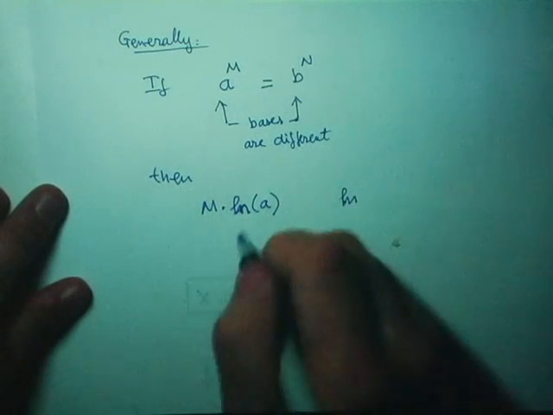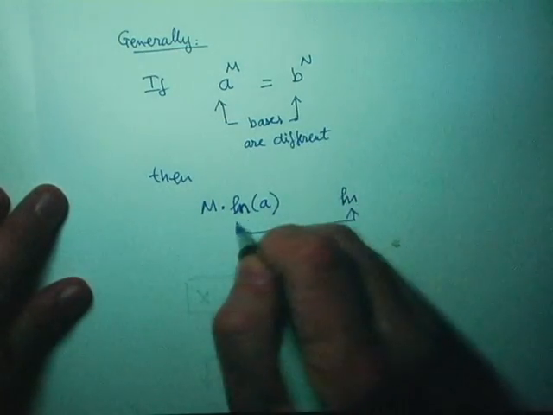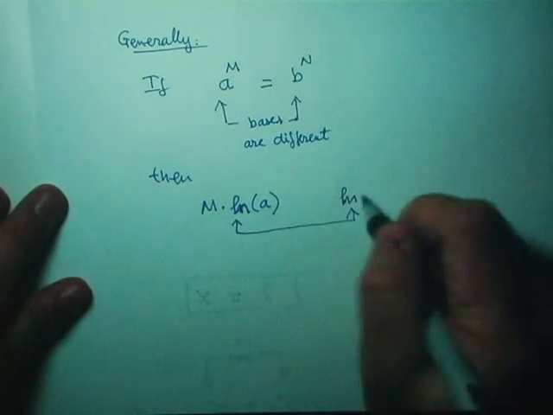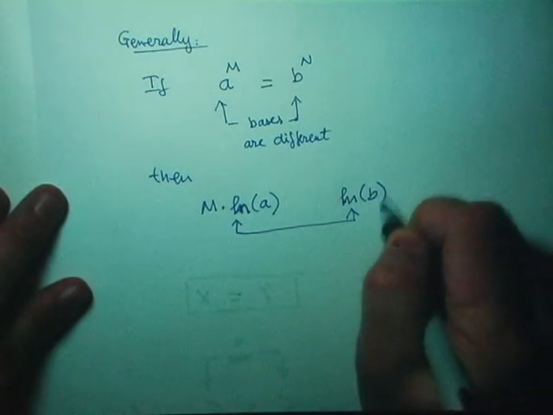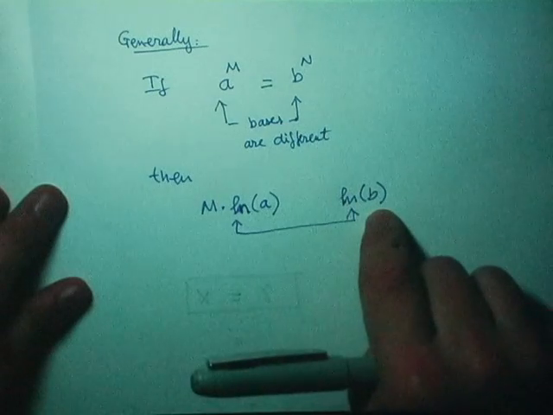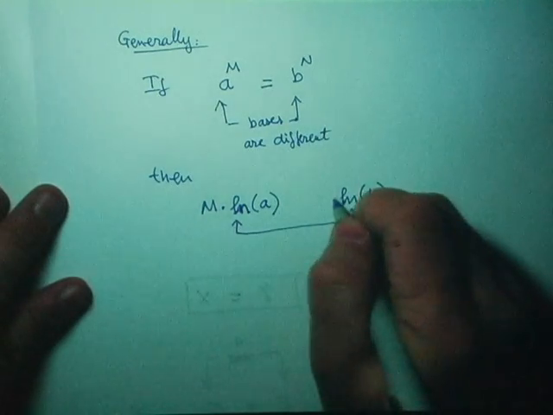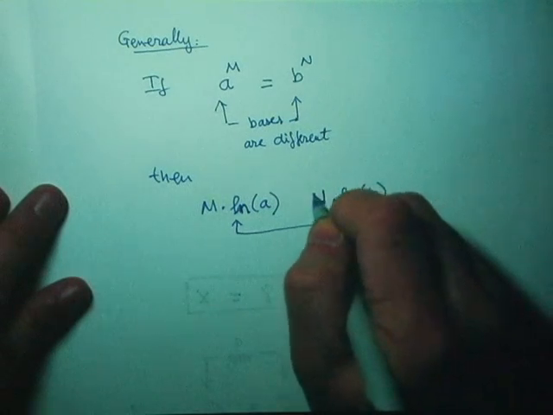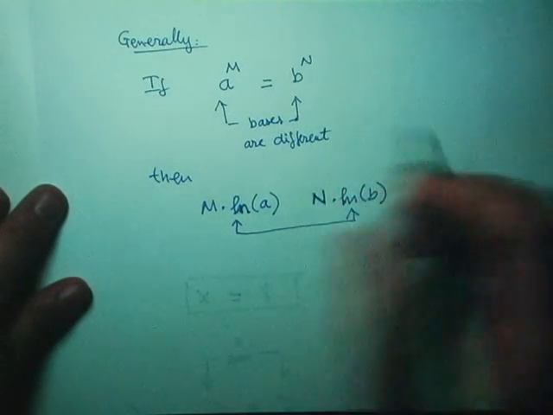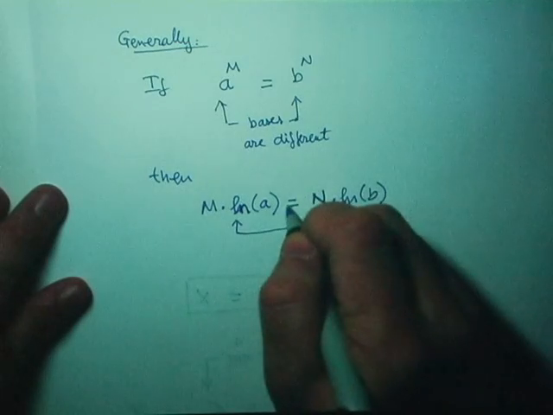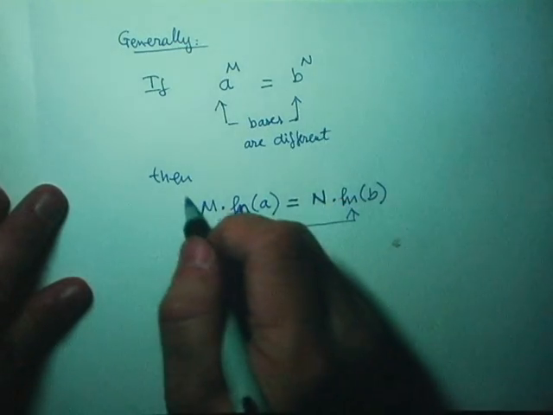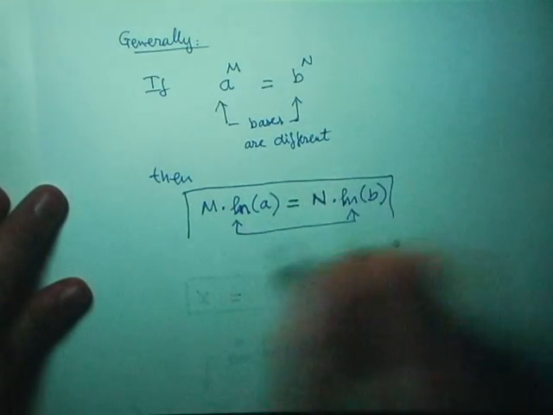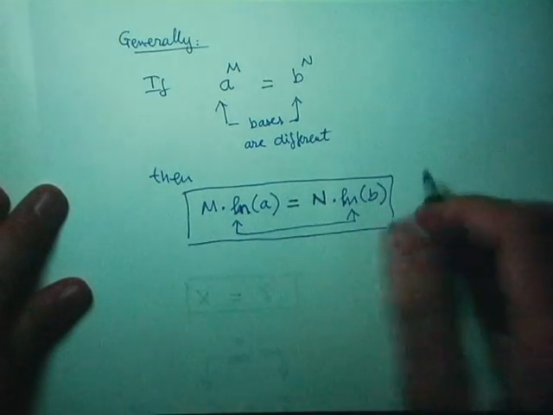Make sure you take the same natural log on the two sides. You take the natural log of b on the right-hand side, and multiply that natural log of b by n, which is the exponent on the right-hand side, and then you equate the two. There you produce for yourself a new equation, and this would be the equation to solve.